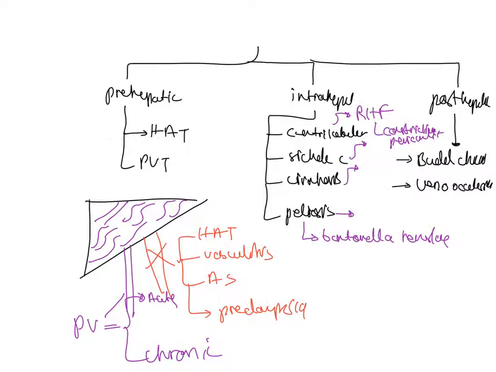So let's say we have the inferior vena cava here, and then we have the hepatic vein draining into the inferior vena cava. So if we have obstruction of this vein, it is known as Budd-Chiari syndrome. There are numerous causes. One of them is increased coagulability.